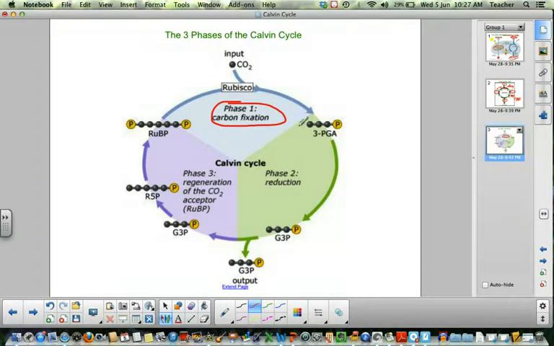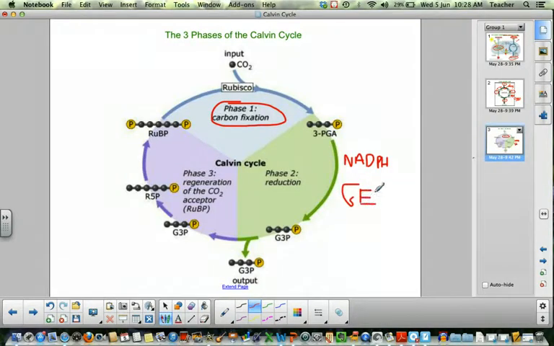Phase 2 is the reduction phase. This is where the NADPHs come in. As we know, the NADPHs, because they carry electrons, are good reducers. Remember, reduction is a gaining of electrons.